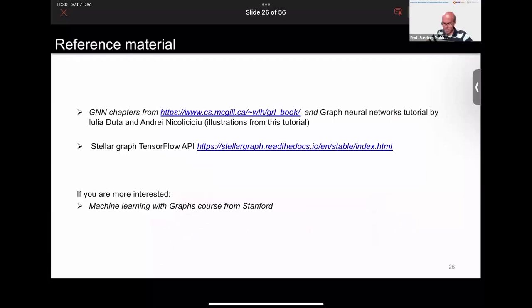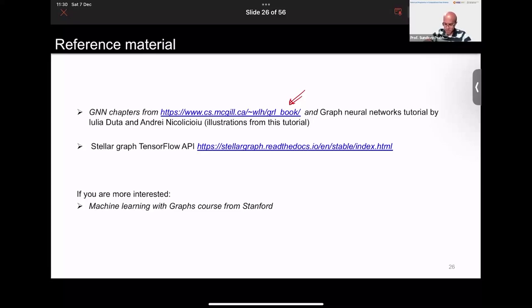The material that I'll be using is not part of Geron's book, but I'll be sampling a few chapters from this very nicely written monograph called Graph Representation Learning. It's available online, and there are some tools.